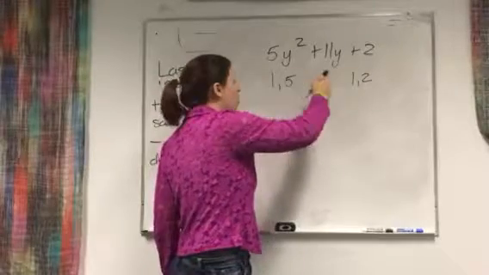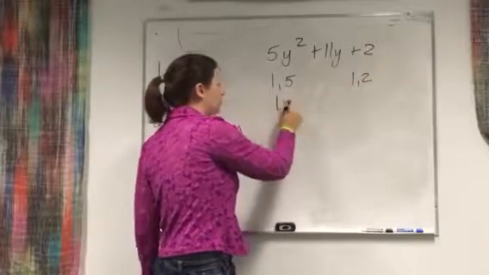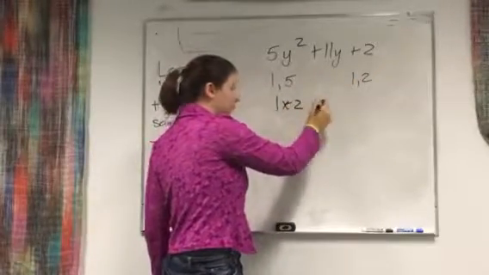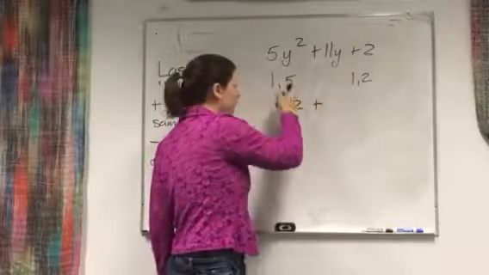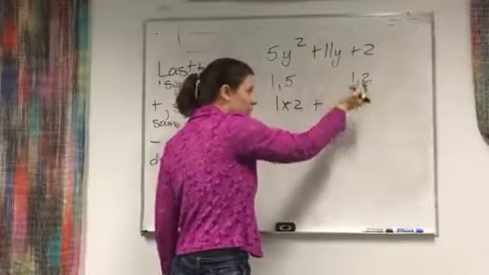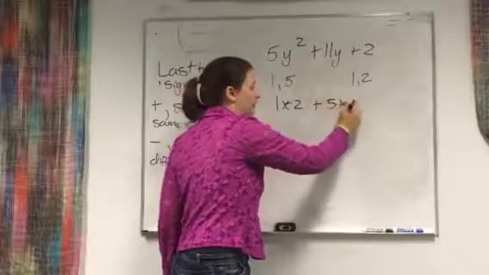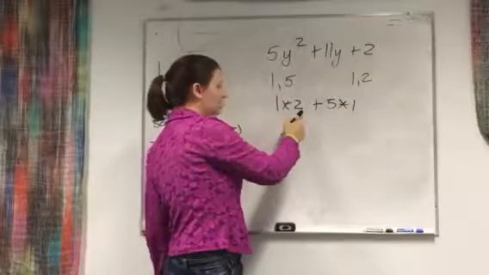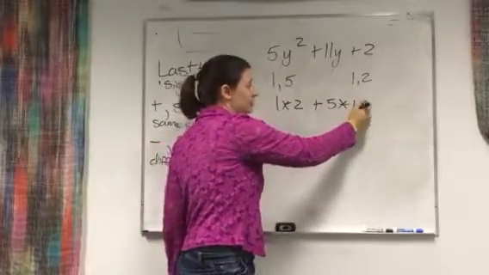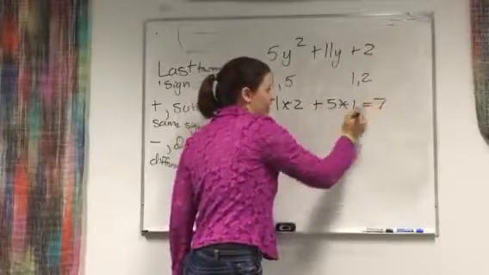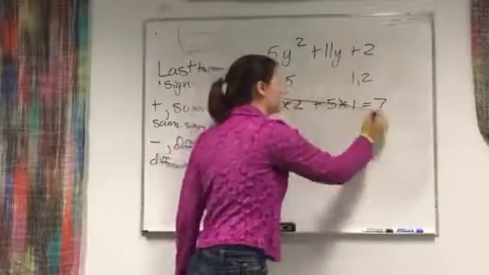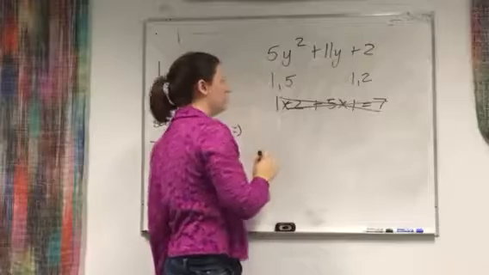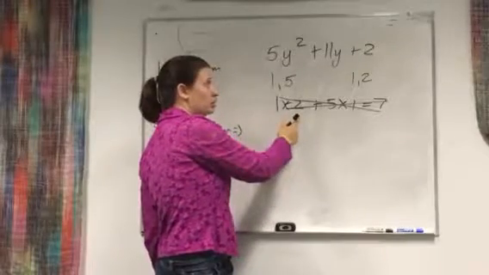So if we put 1 with 2, so 1 times 2, and then plus, because we're summing, 5 has to go with what's left, is 1. Well, that's 2 and 5 plus, that's 7. That's not 11, so this is not the right combination. So we don't want to put 1 with 2.